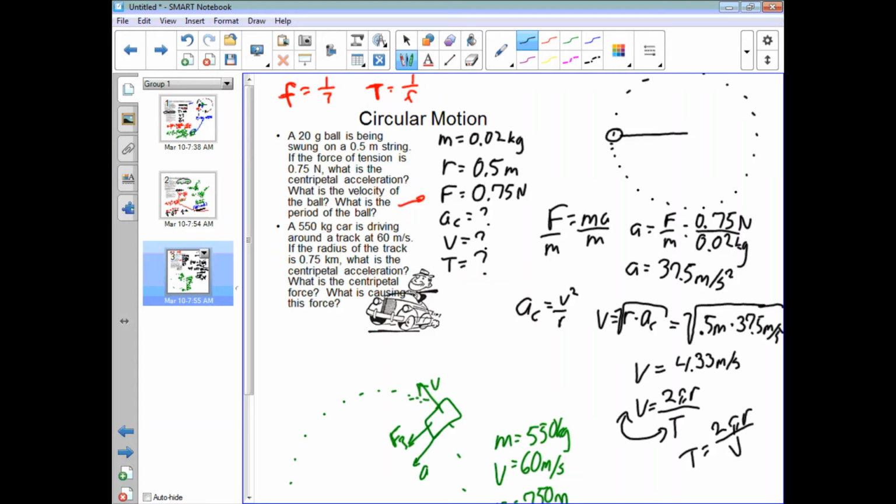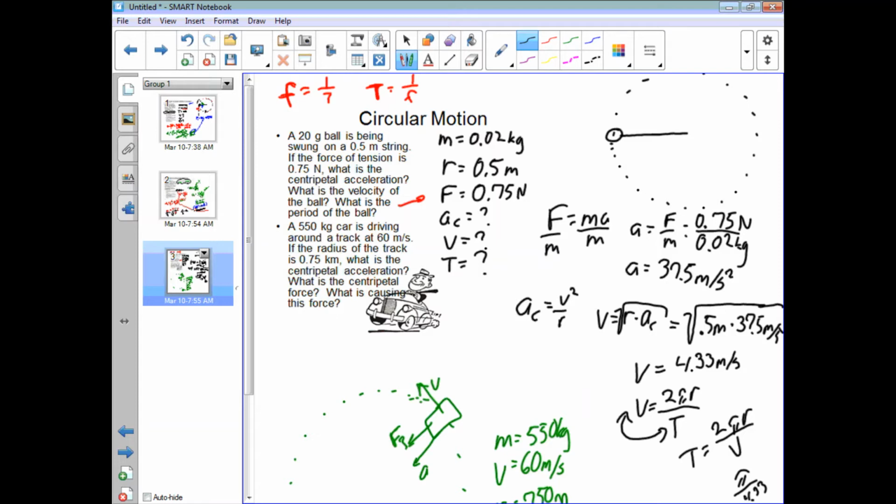It's cross multiplying and then dividing, but I just call it the switcheroo. Anyhow, so 2 times 0.5, that's the radius, that's going to just be 1. Then multiplied by pi, so pi divided by the velocity, which was 4.33 meters per second.